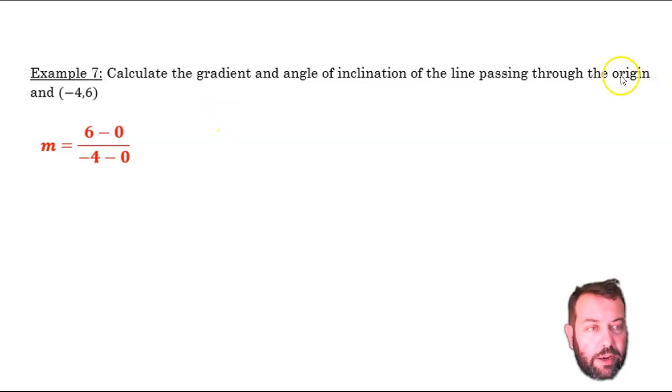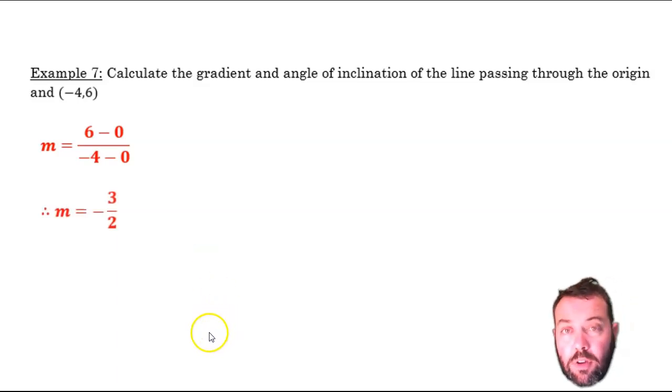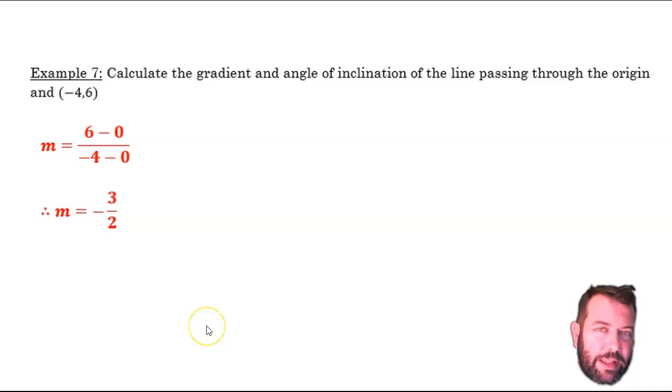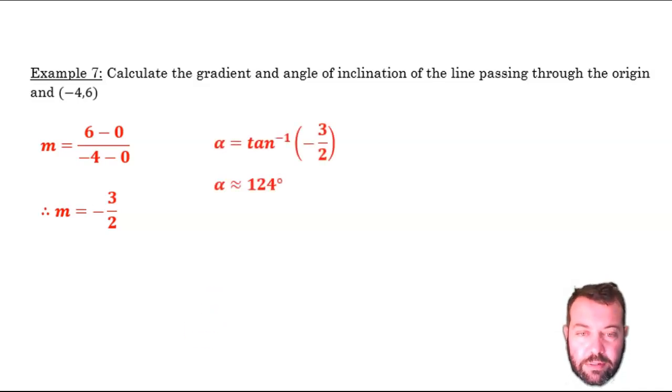So the gradient: we're going to say that x1 is 0, y1 is 0, x2, y2. So y2 minus y1 over x2 minus x1 equals negative 3 over 2. Now, if I pull out the calculator, I'm still trying to get my hands on an emulator here, and do second function tan, bracket, -3/2, close bracket, equals, I should get 124 degrees.